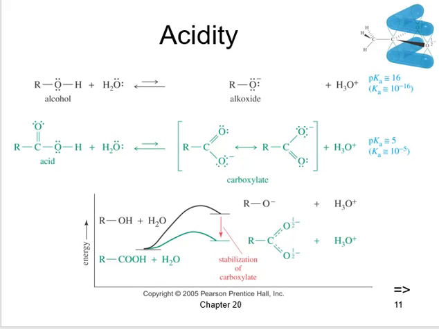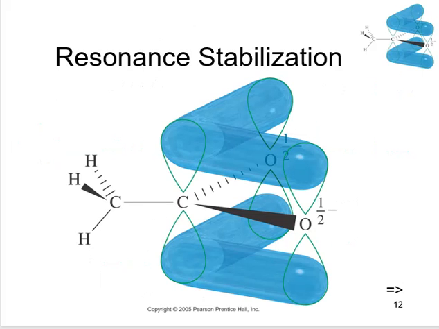So the acidity of the carboxylic groups: you can see here an alcohol in the presence of water becomes an alkoxide ion, and this carboxylic acid in the presence of a weak base like water forms the carboxylate anion, which gets stabilized by resonance, as illustrated in the energy diagram.